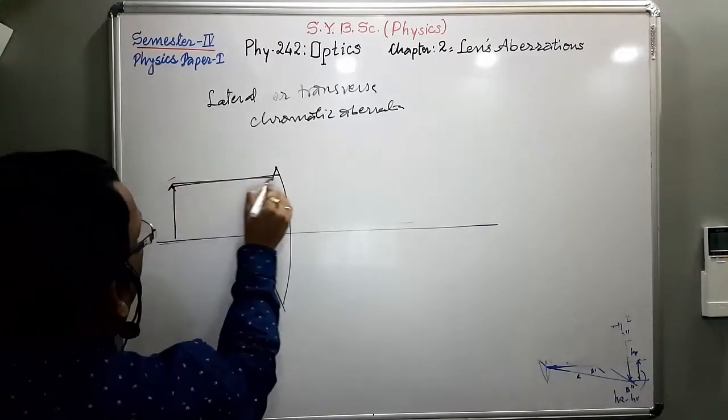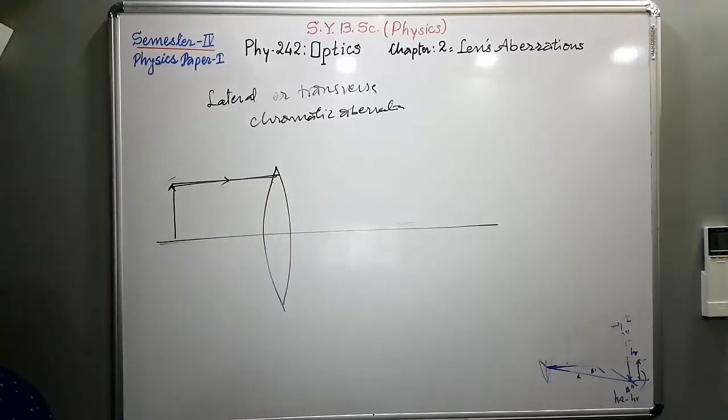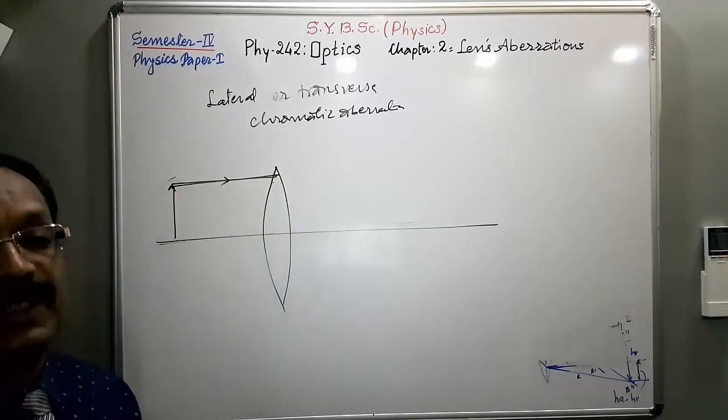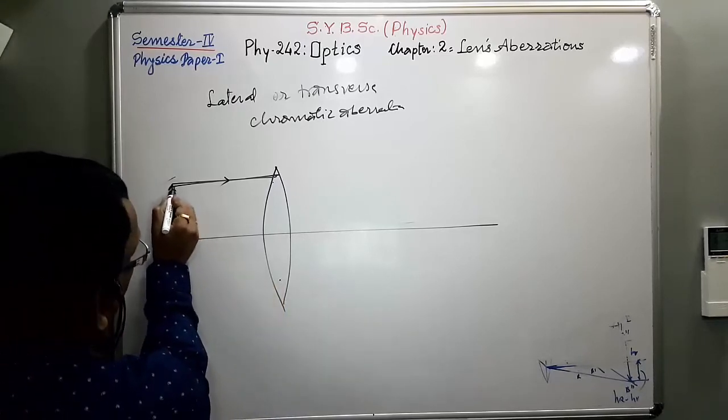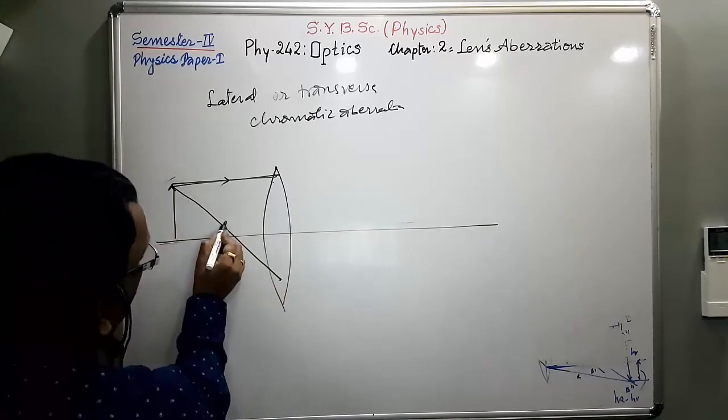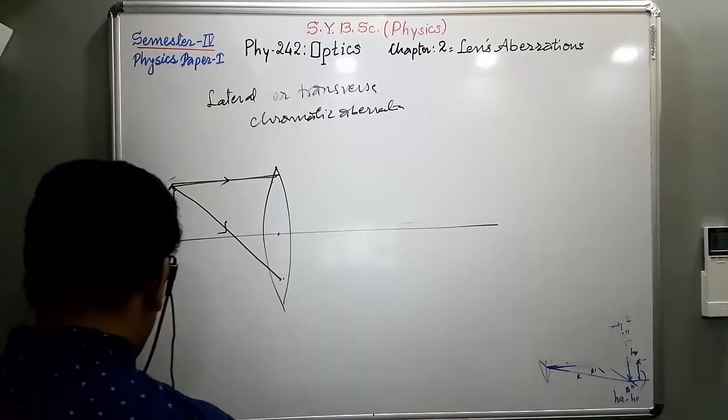This is the first ray, this is the ray from the white object, and this is the second ray, which is also incident on this side. Okay.